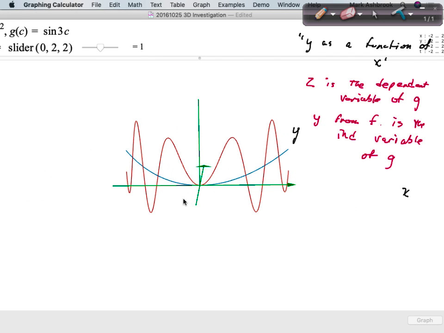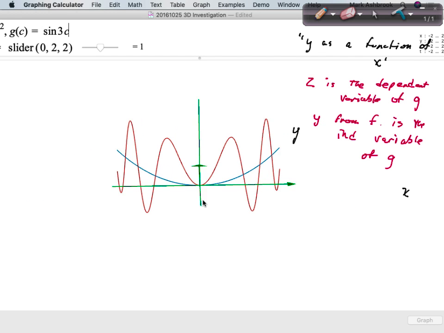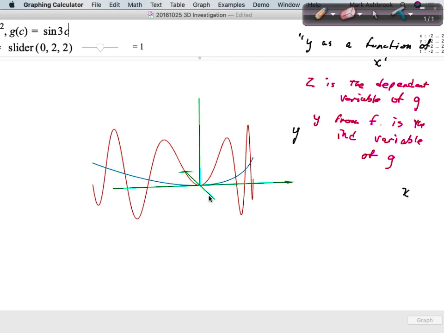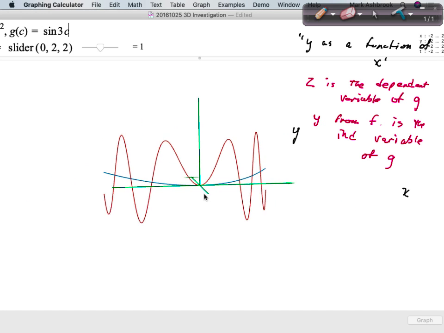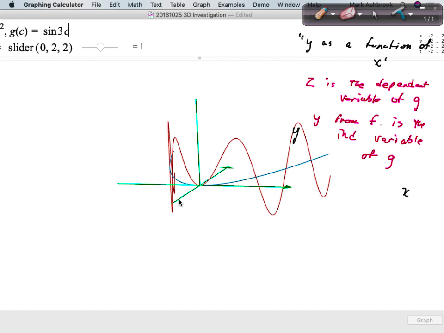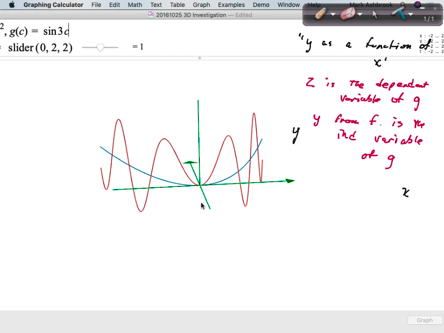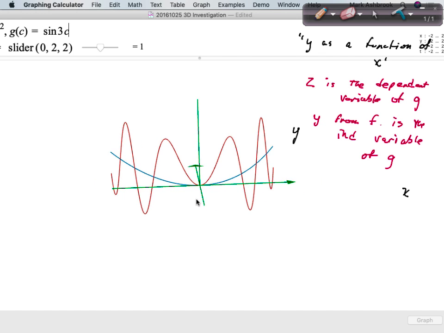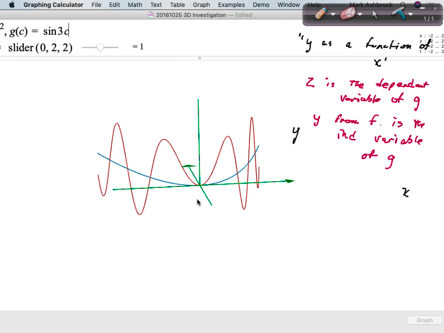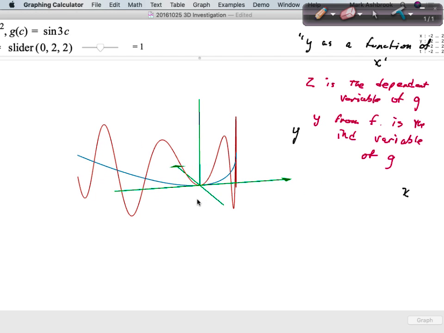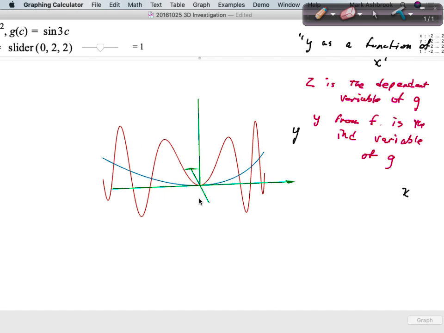What were you guys about to say over there? Did you have a thought? So we're back to y. How do we know that it's y and not x? Any idea? If it was x, wouldn't it be flat? If it were x, what would you see?